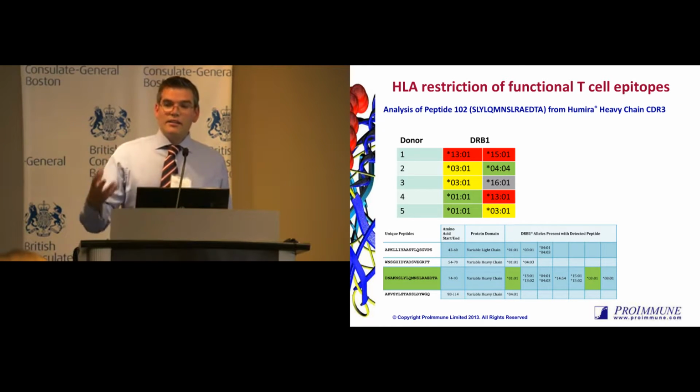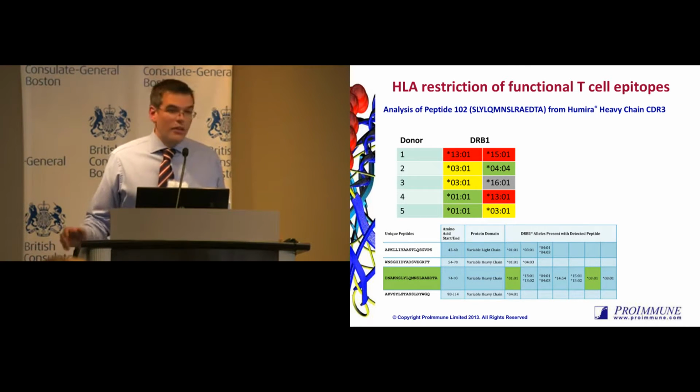So we can take a blood sample from those patients, we can stimulate with a single peptide, we can then measure the immune response, for example, one way of looking at it in ELISpot or flow cytometry assays. The issue, of course, with measuring patient material is that you're always limited by the amount of cells that you can get.